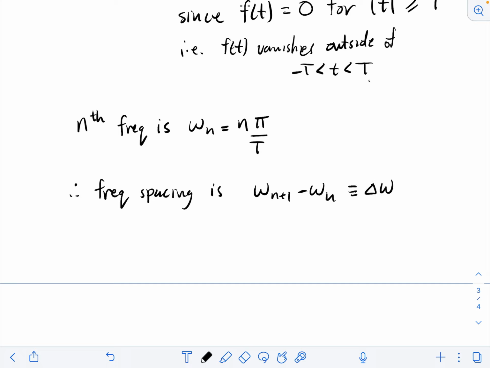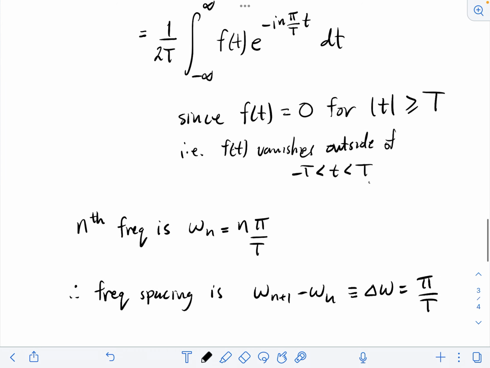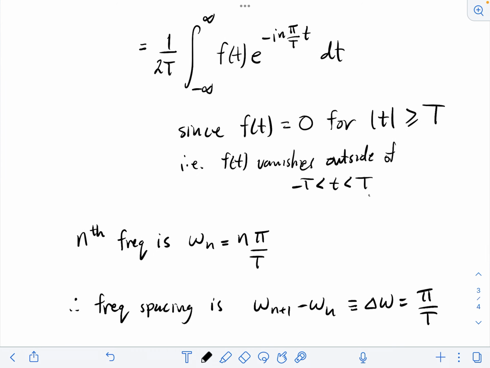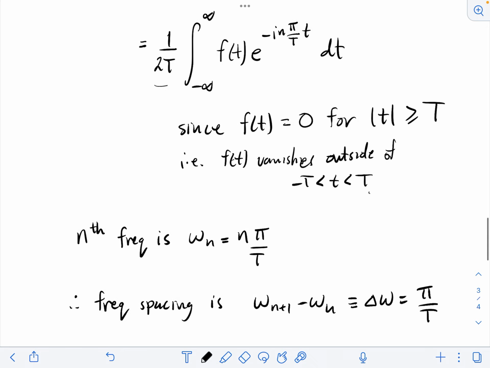And that's just going to be equal to pi over T. And so we have over here some 1 over T, 1 over the capital T in this coefficient.